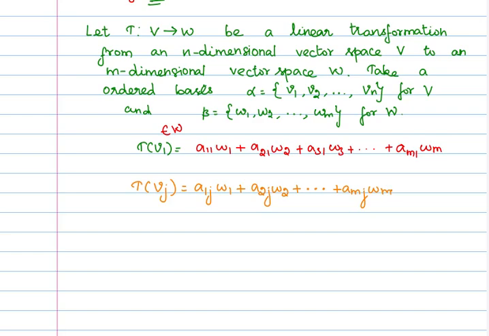We can represent it this way, correct? This can be written in summation notation: T(vj) equals the sum from i equals 1 to m of aij times wi.